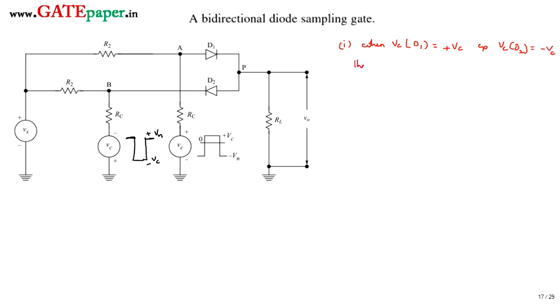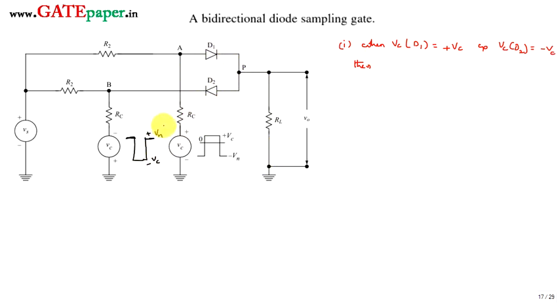Then what happens to the diodes? Look at this. The N side of D1 is connected to ground, whereas the P side is connected to a more positive voltage, plus Vc. For D2, the P side is connected to 0 and the N side is connected to a large negative voltage, minus Vc.